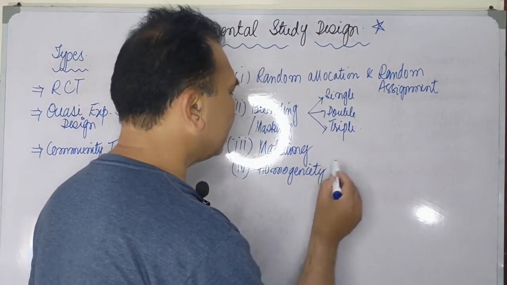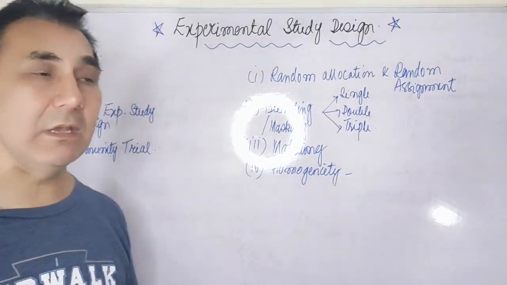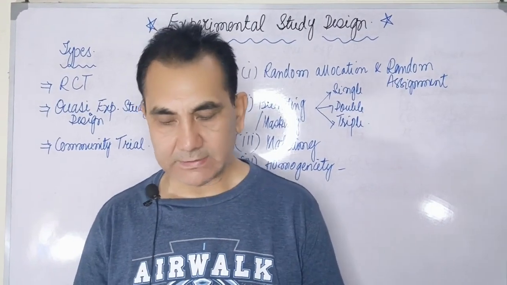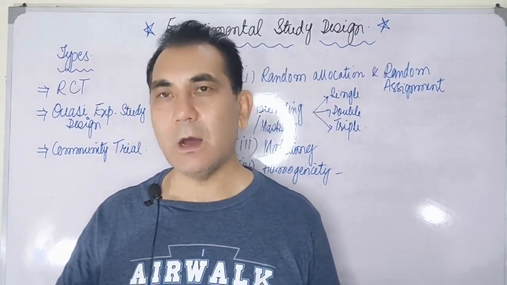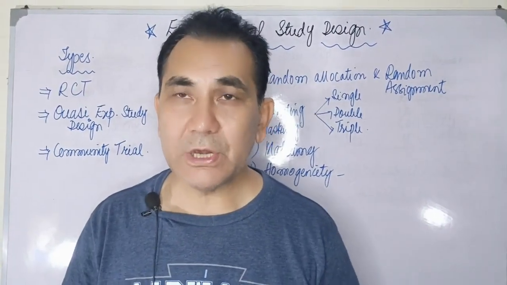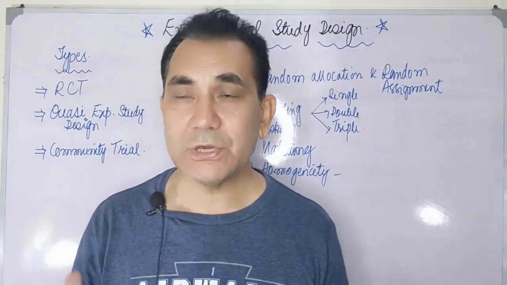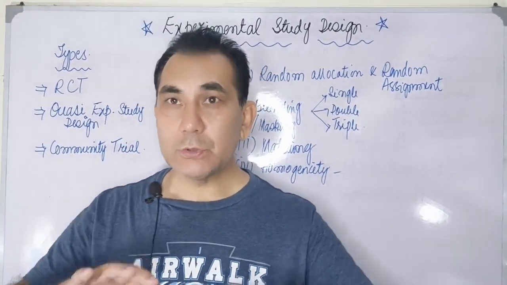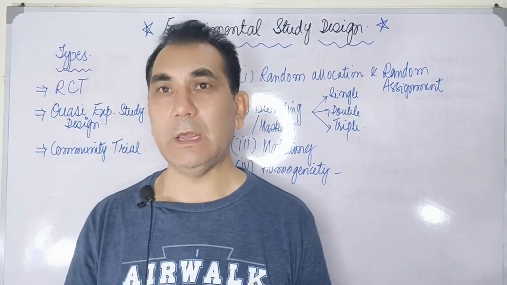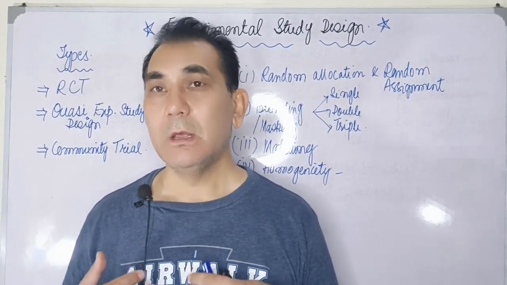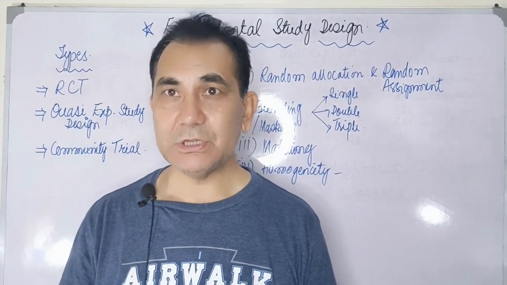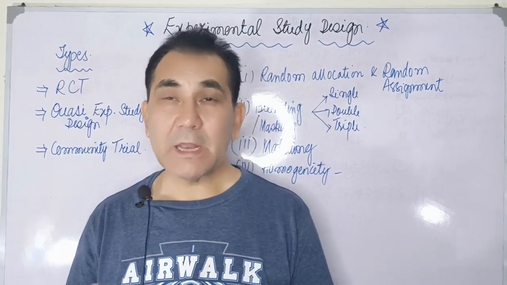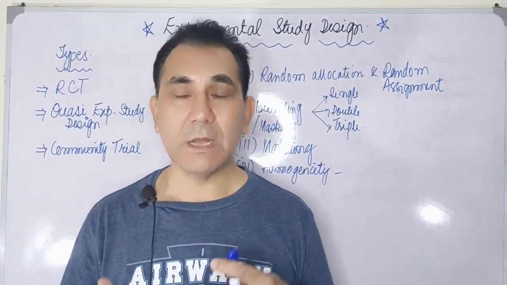And the fourth key feature of the RCT is the homogeneity. Homogeneity means that after the random allocation, both groups, the experiment group and the control group, should be matched according to their age, their gender, their locality, their ethnicity, their socioeconomic status, and by their physical activity.